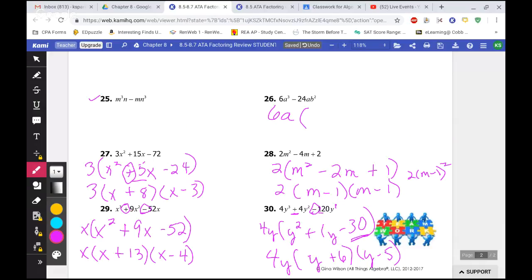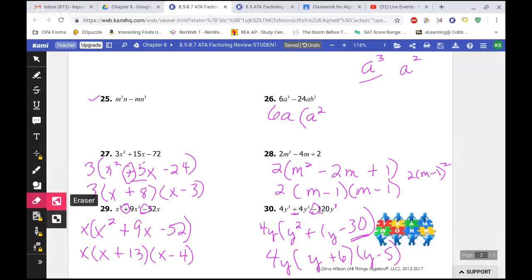So if I take a 6A out of 6A cubed, I'm going to end with an A squared. Because if you have an A cubed and you take an A out, 3 minus 1 is 2. That's how you get that good old quotient rule from exponent rules.